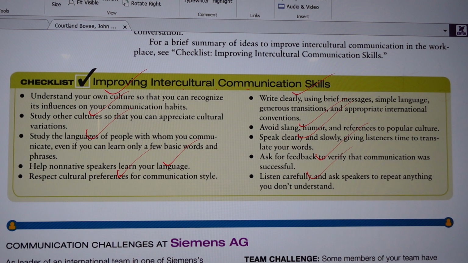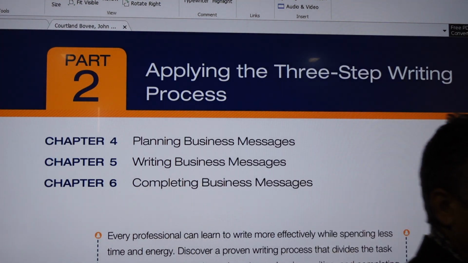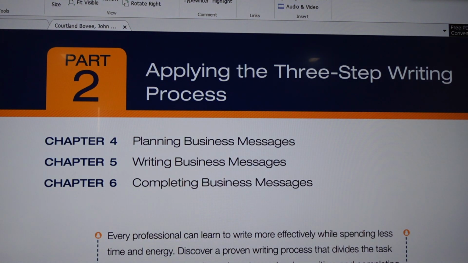Now in the next class, we are moving to next unit. Applying the 3-step writing process. Where is the curriculum? Curriculum, syllabus. Now if you have curriculum, please consult.